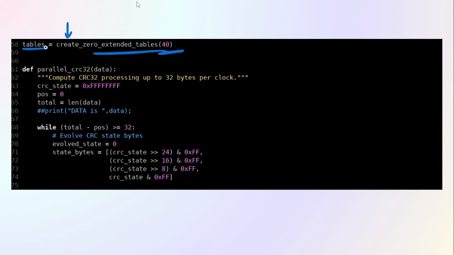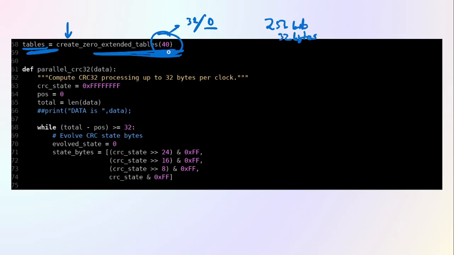Now we are actually using them to create zero extended tables. And we only have up to 32 bytes of zeros, because our word is only 256 bits. So 256 bits is only 32 bytes of zeros.